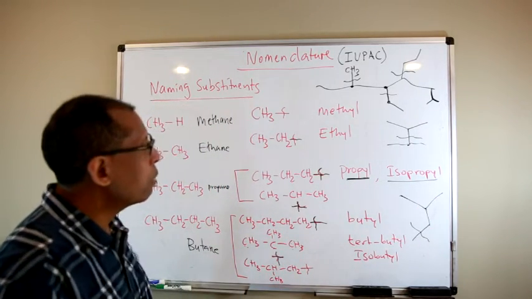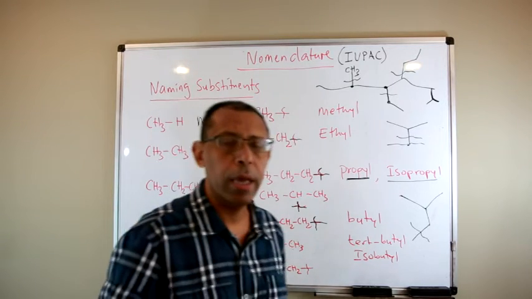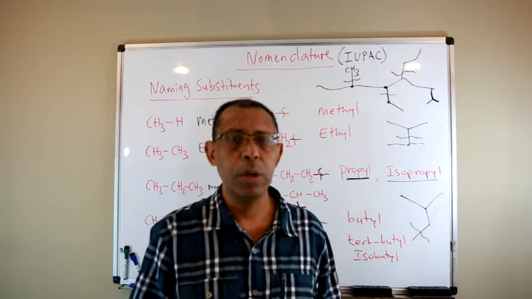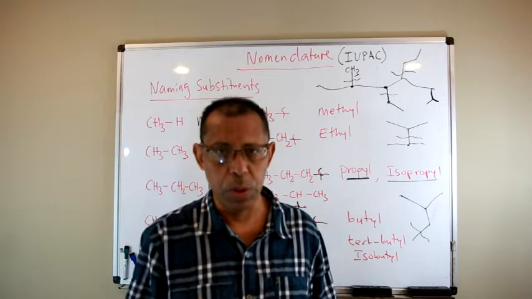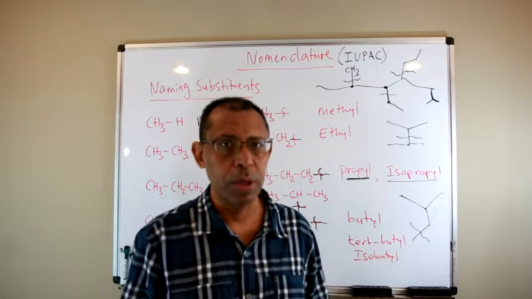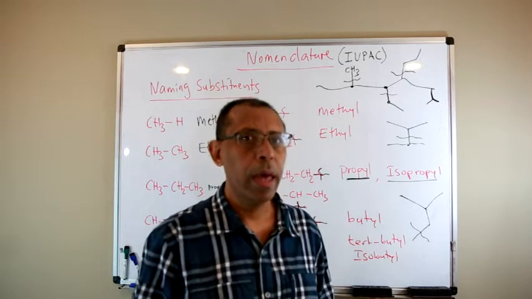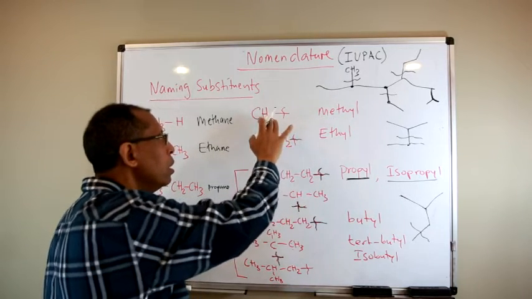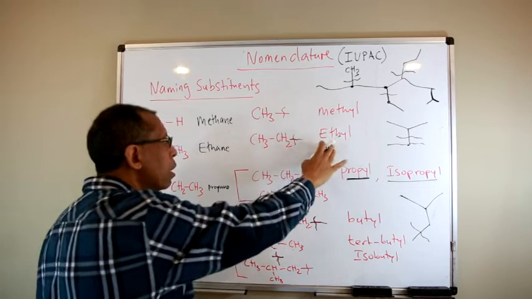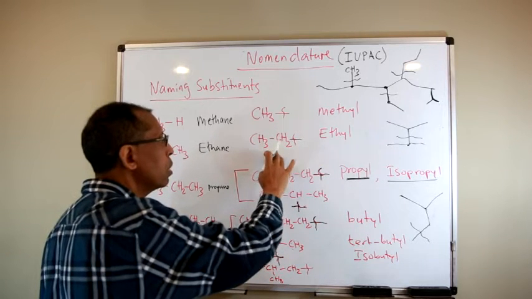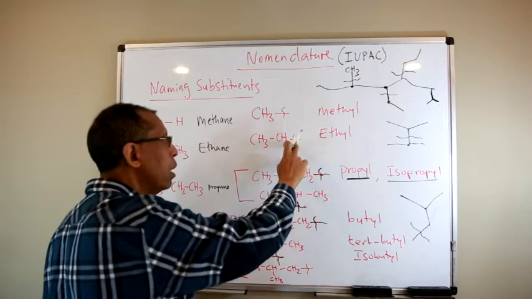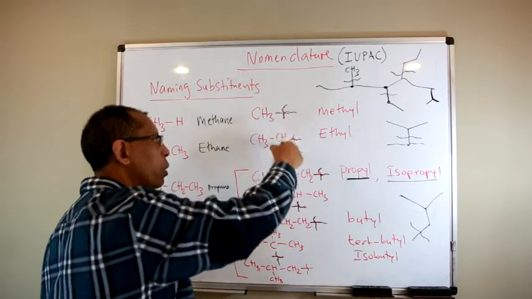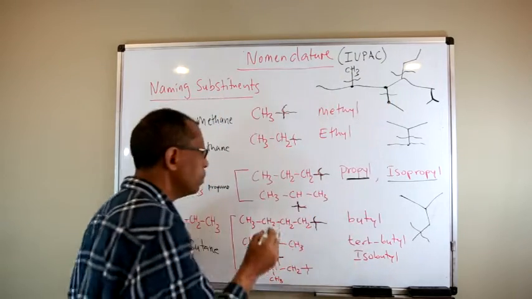So it is very important, before we go into the detail of the nomenclature of organic compounds, that you become familiar with some of the substituents. The substituents are important for you to name a compound. There is a methyl substituent, which is very easy, CH3. An ethyl substituent is a 2-carbon substituent, CH3CH2, and the bonding happens through this carbon.